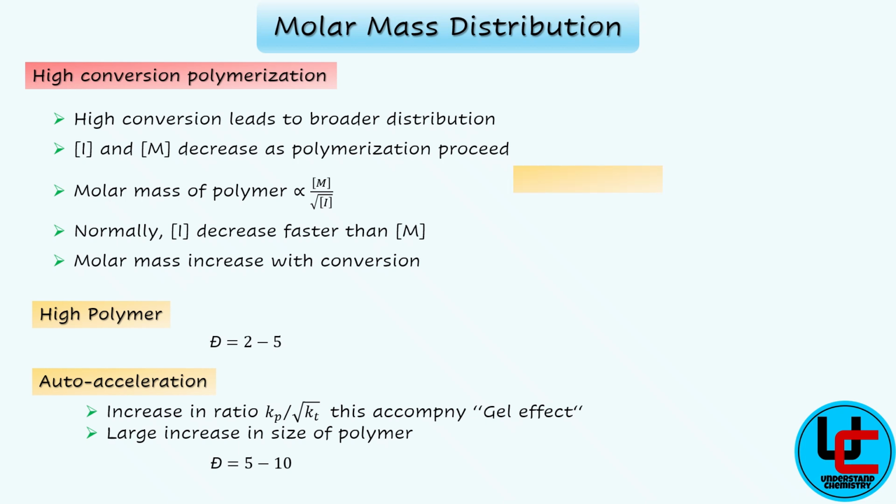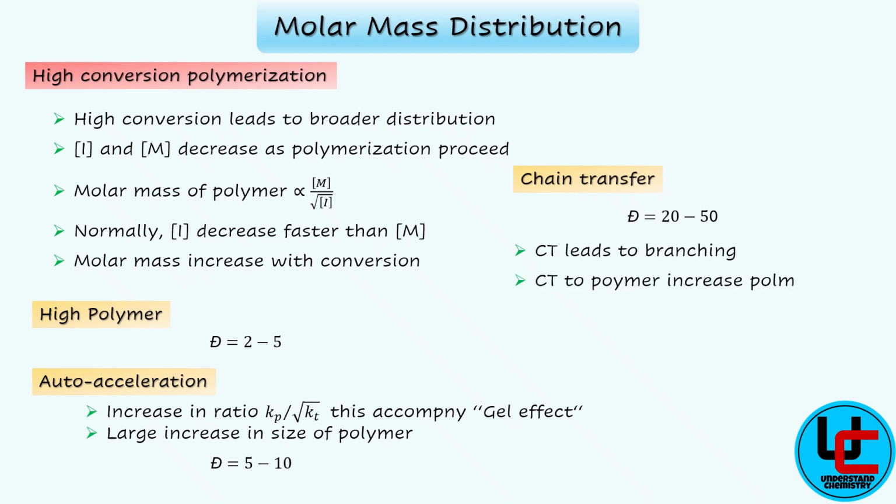This results in large molar mass with a broad distribution. The value of dispersity for this case ranges between 5 and 10. Chain transfer to polymer can lead to dispersities of 20 to 50. Such high broadening occurs because chain transfer to polymer leads to branching, and branching leads to more branching. Chain transfer can also lead to an increase in molar mass.